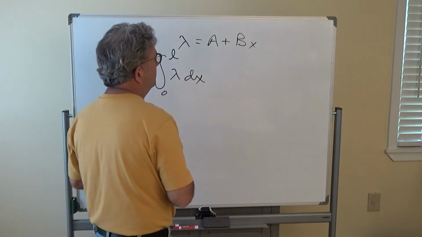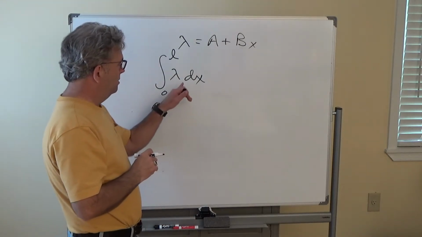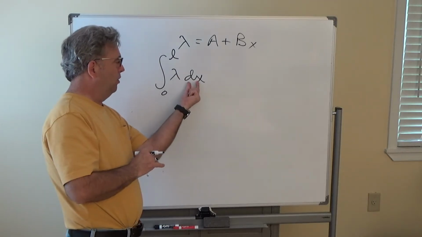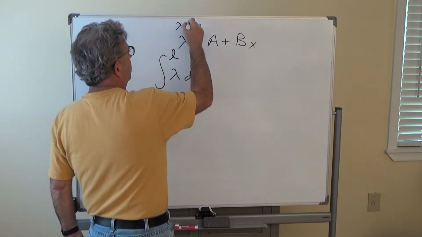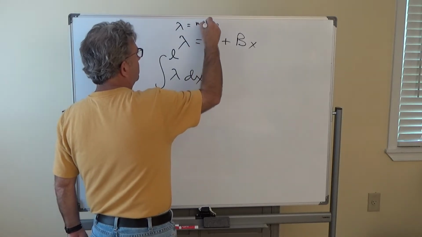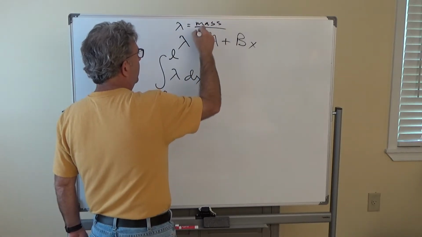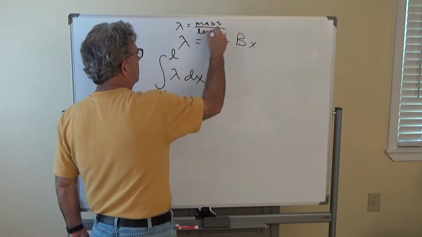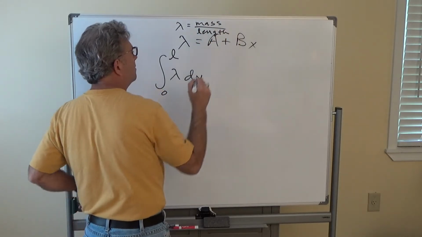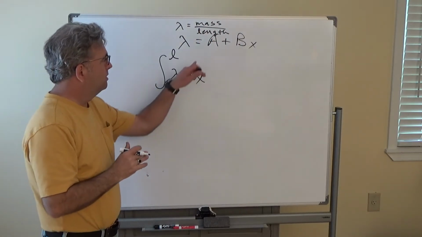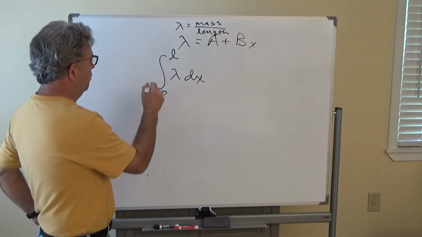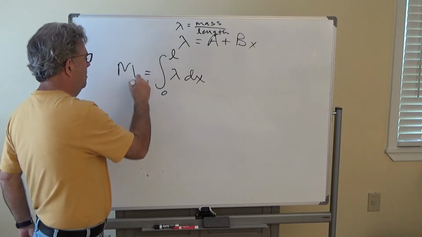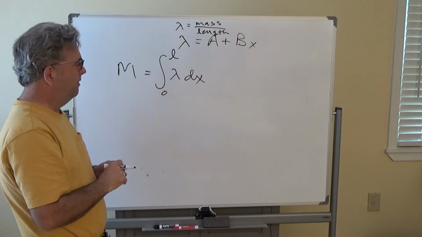All right. Because dx is your little bit of length, and this lambda is equal to mass per unit length. And it's in the form A plus bx. So the total mass is equal to that.